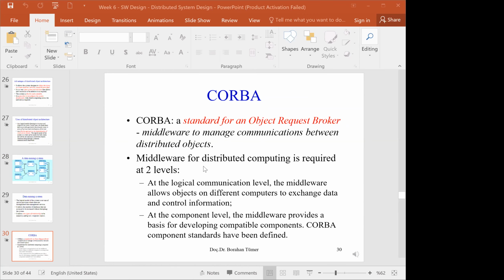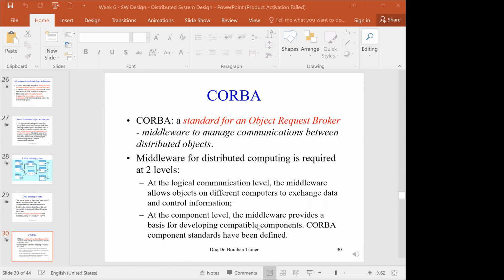It is required for distributed computing at two levels. At the logical communication level, the middleware allows objects on different computers to exchange data and control information. And at the component level, the middleware provides a basis for developing compatible components.